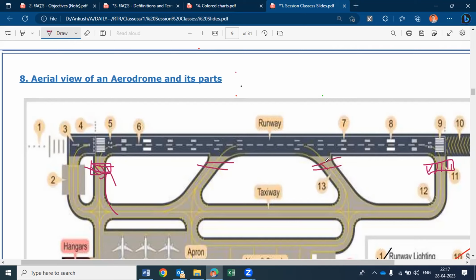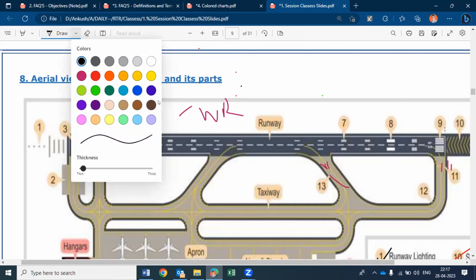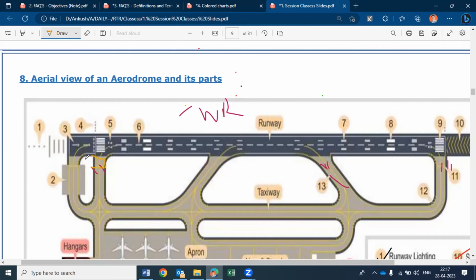This is the taxiway. The end of a taxiway, जहां पे एयरक्राफ्ट को पहले परमिशन लेना पड़ेगा बिफोर एंटरिंग टू द रनवे. With whom? With tower. So this area is called runway holding point, and this usually is marked with yellow stripes always. ठीक है? These areas are called runway holding point.